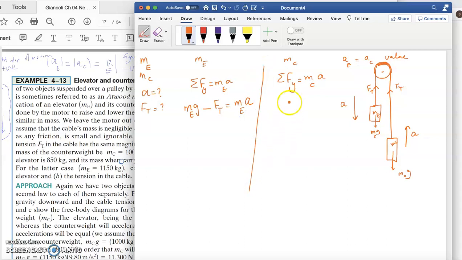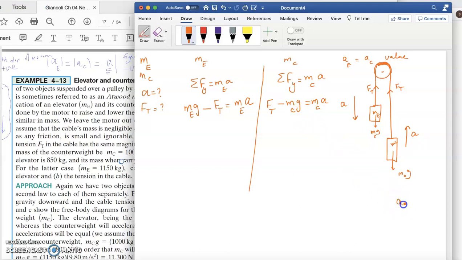All right. Now what about MC? This is the direction of motion. So what is with the direction of motion? It's FT. Against the direction of motion is MC times G, is equal to MCA.